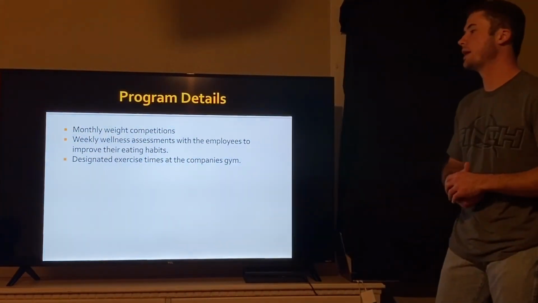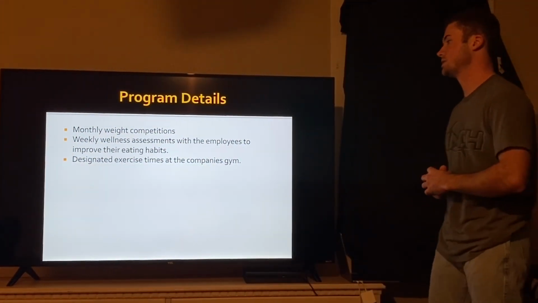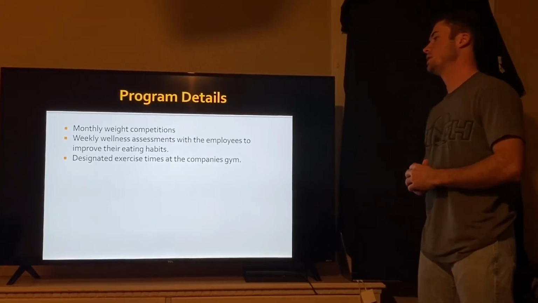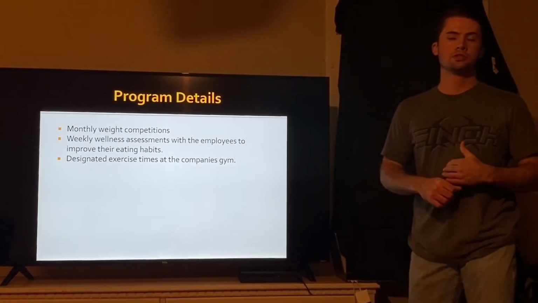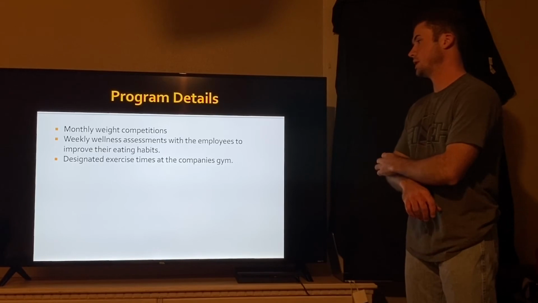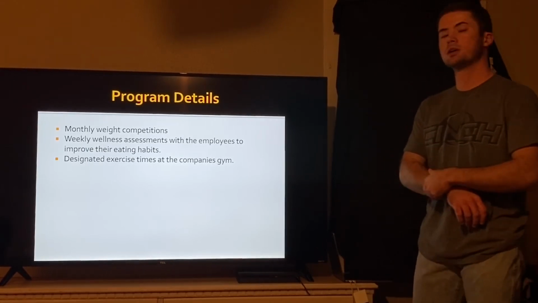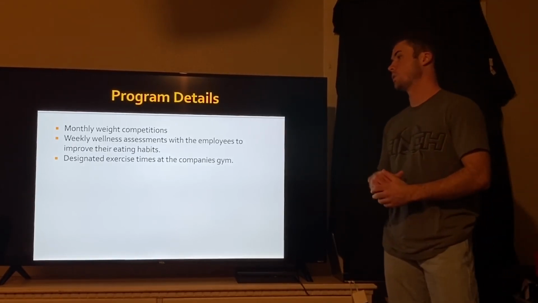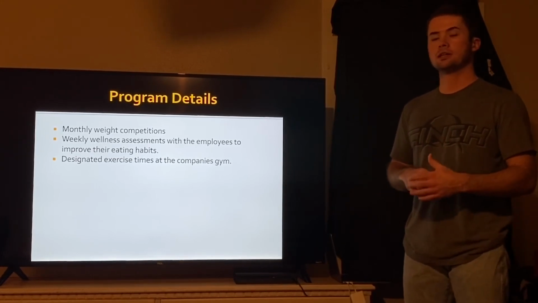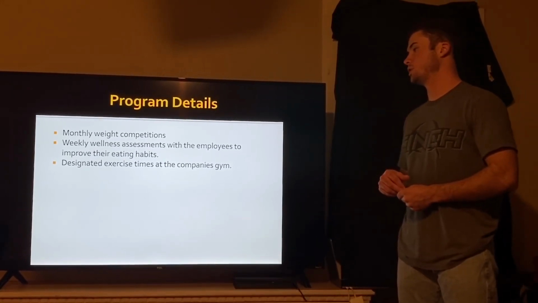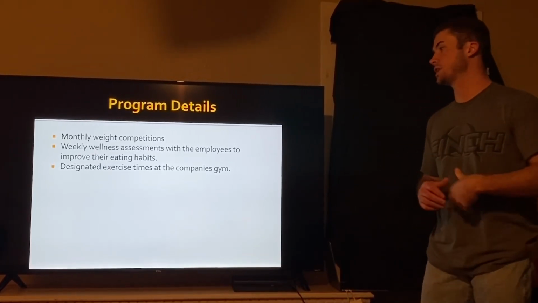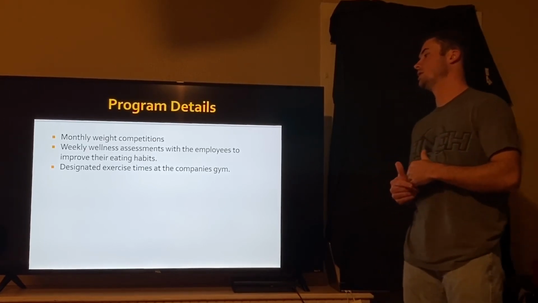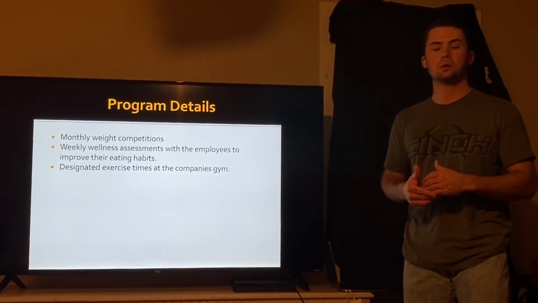And lastly on that, we have designated exercise times at the company's gym. So we do have a gym at Brown LLC. We're going to have designated exercise times and classes for employees to partake in, and hopefully that will be good for them.